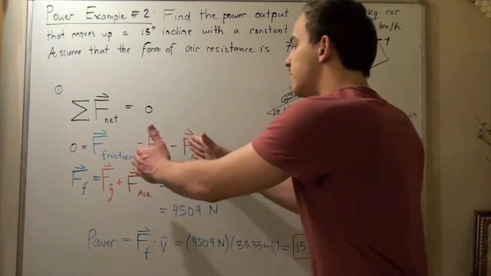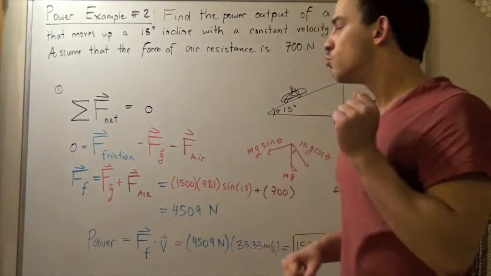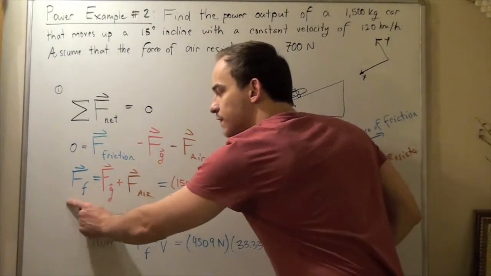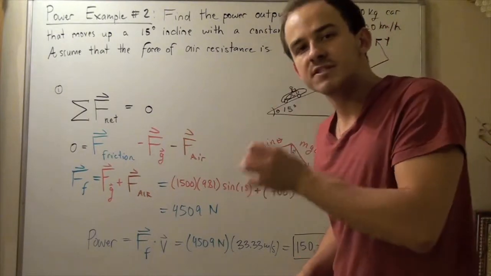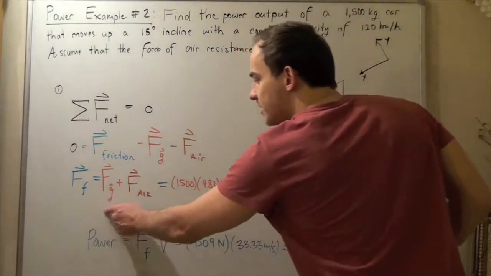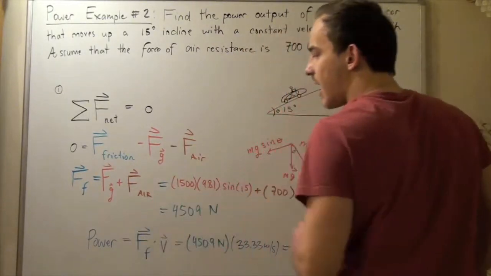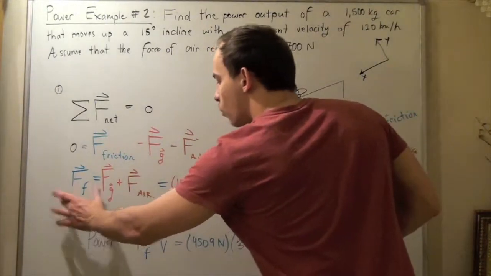So let's bring everything to one side and leave the force of friction on the other side. Remember, the force of friction is what we're actually looking for, because that will help us find our power. So we know what this is and we know what this is. So let's plug these in, add them up, and get our force of friction.